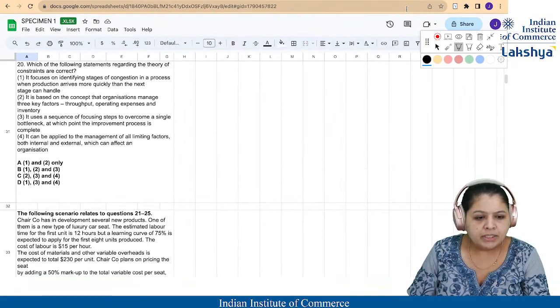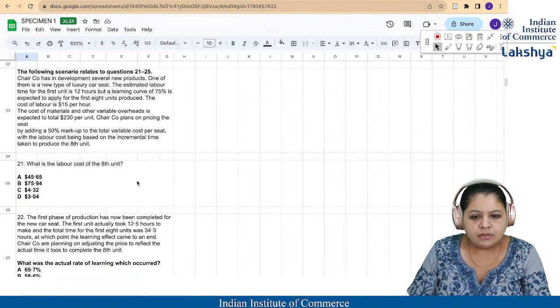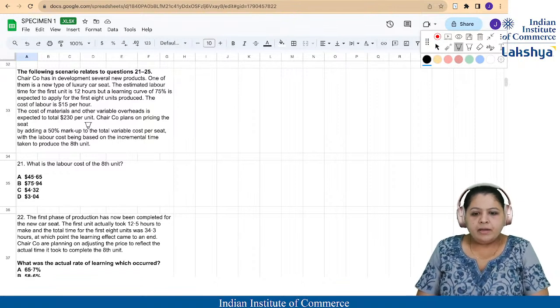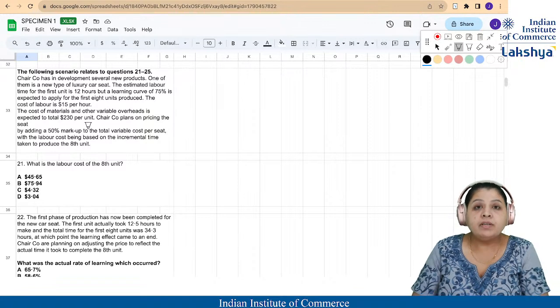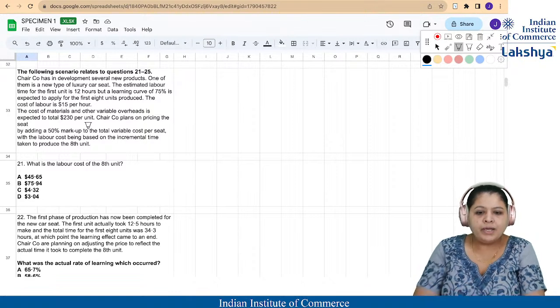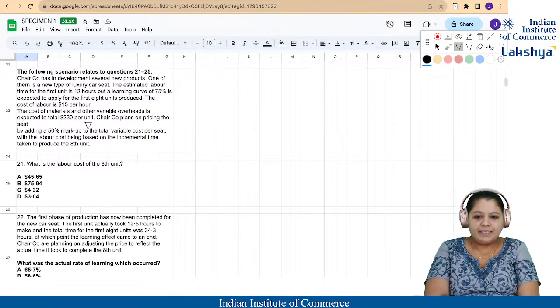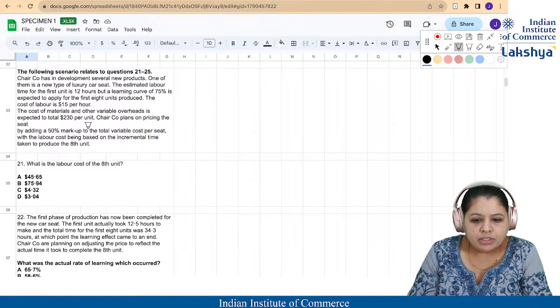This is a completely different question, so that's why I took a break before that. Chair Company has a development in several new products. One of them is a new type of luxury car seats. The estimated labor time for the first unit is 12 hours, but a learning curve of 75% is expected to apply for the first 8 units produced.